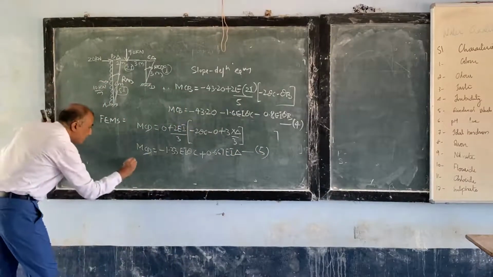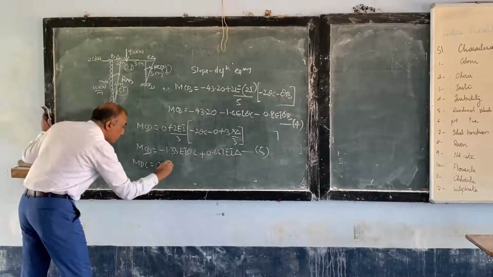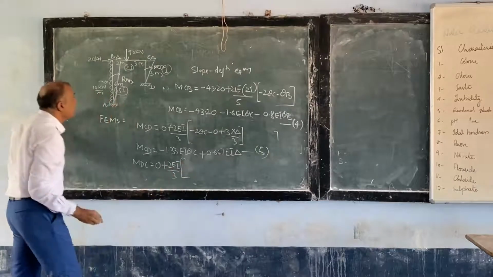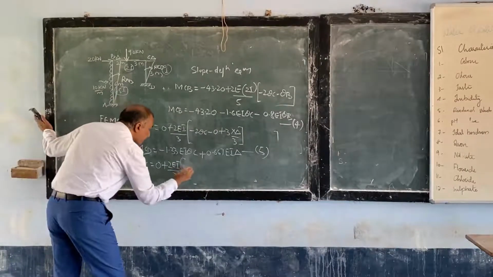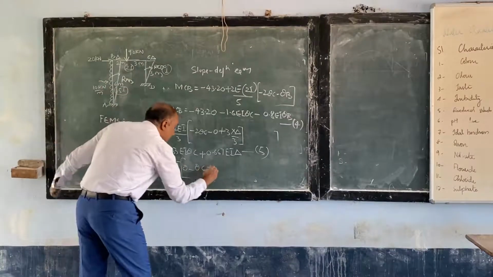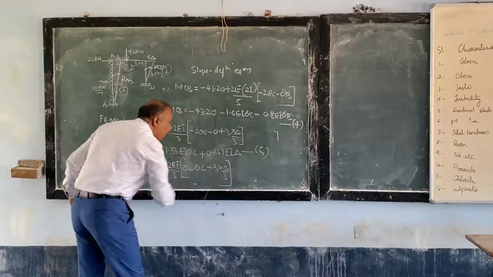And the last one is MDC. MFDC is 0 plus 2E, I is I, L is 3, into minus 2 theta D (0), minus theta C, 1, plus 3R, again R is delta by 3, 3 into delta by 3.